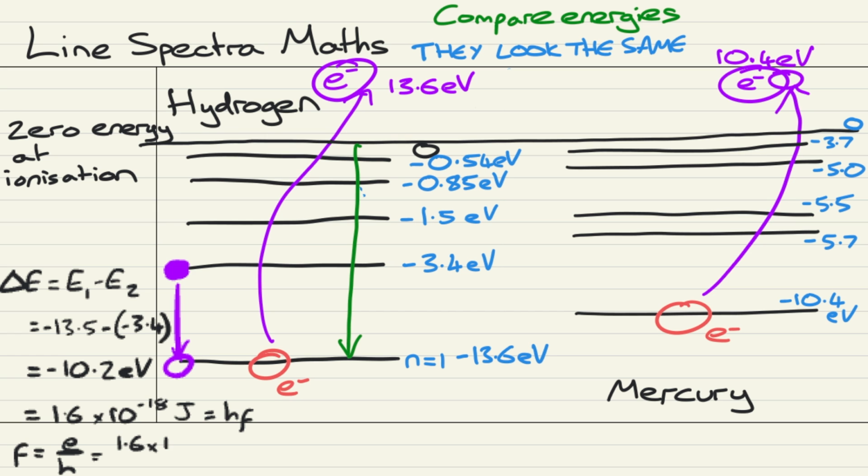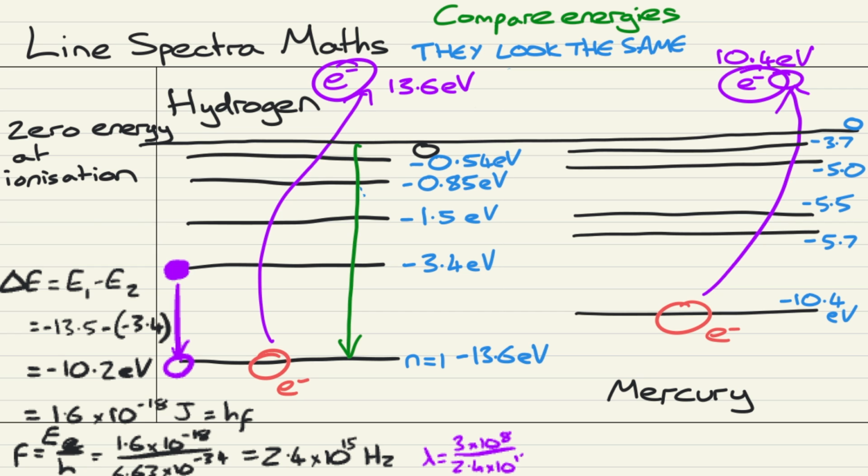So f equals E over h equals 1.6 times 10 to the minus 18 over 6.63 times 10 to the minus 34 equals 2.4 times 10 to the 15 hertz. Using c equals f lambda, so lambda equals c over f, lambda equals 3 times 10 to the 8 over 2.4 times 10 to the 15 equals 125 nanometers.